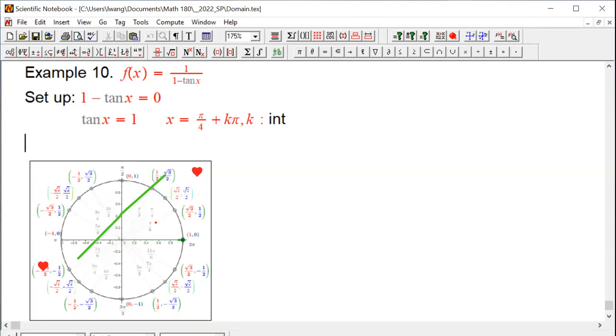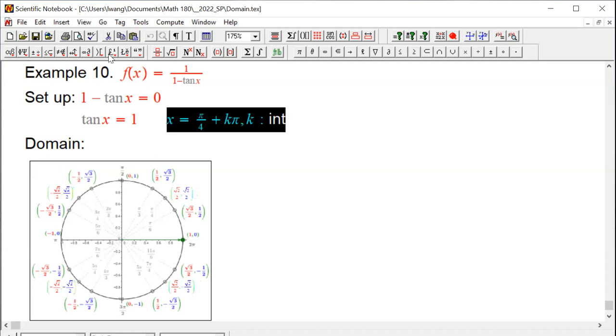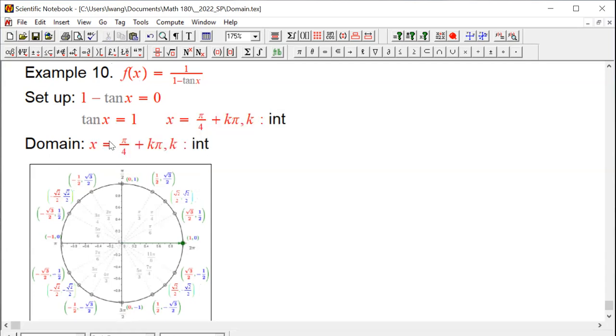Okay, so in the end, when you express your domain, you would say all of that, right? And change the equal sign to not equal. All real numbers except, right?